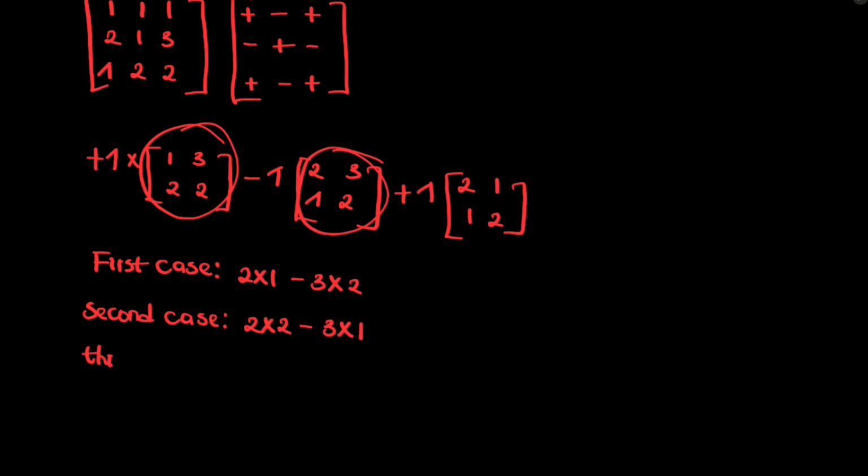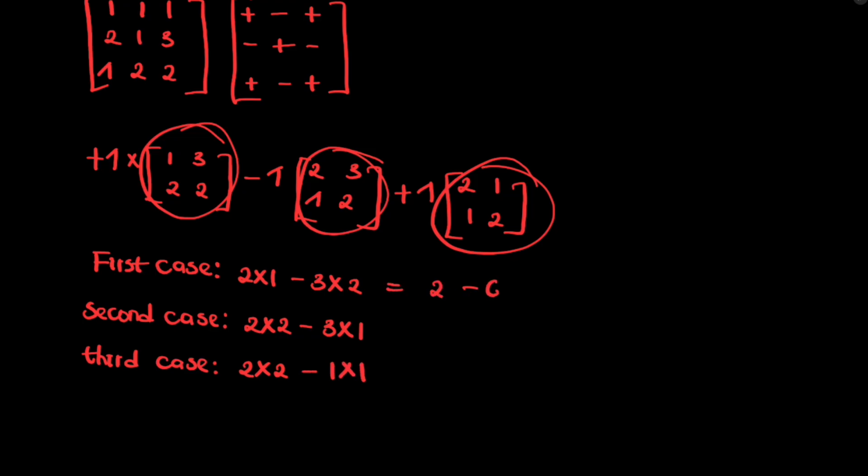And the third case, this is 2 times 2 minus 1 times 1. So this is 2 minus 6, 4 minus 3, and 4 minus 1. So that one is minus 4, 1, and 3.